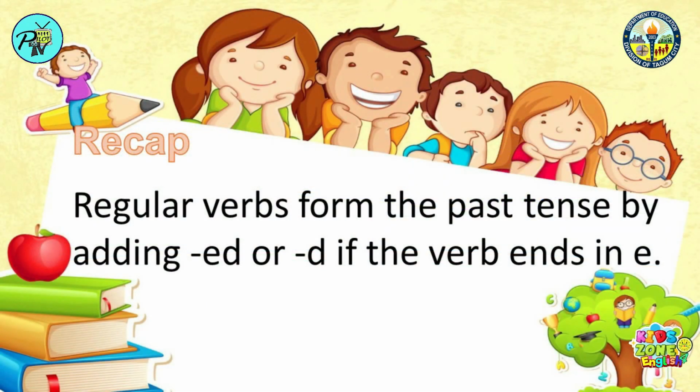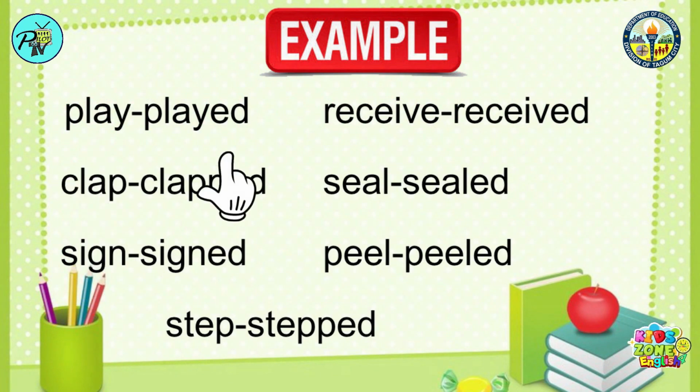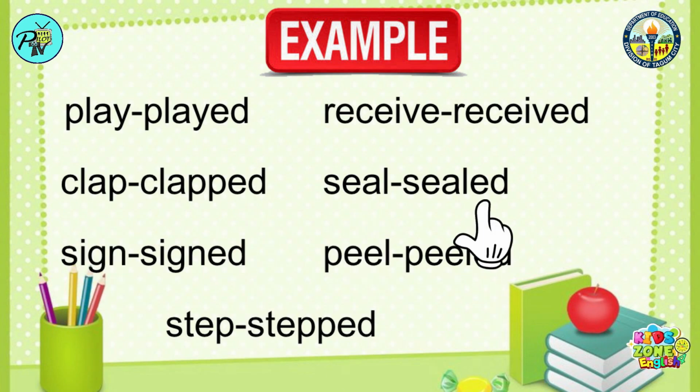Are you ready, kids? Regular verbs form the past tense by adding ed or d if the verb ends in e. Example: play, played; receive, received; clap, clapped; seal, sealed; sign, signed; peel, peeled; step, stepped.